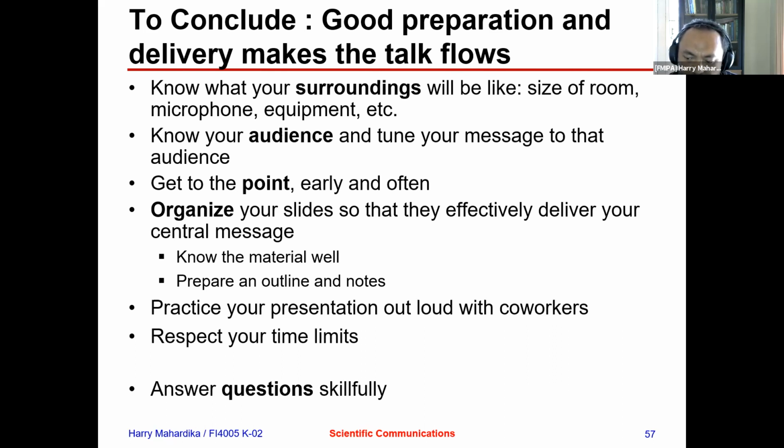Okay, as long as it is not a final project defense, you don't need to answer the question on point, because you can basically tell us that the question itself is not relevant to the study, but you may need to answer it skillfully.